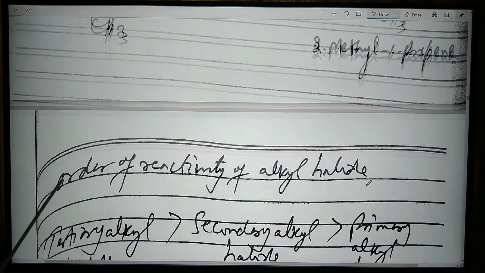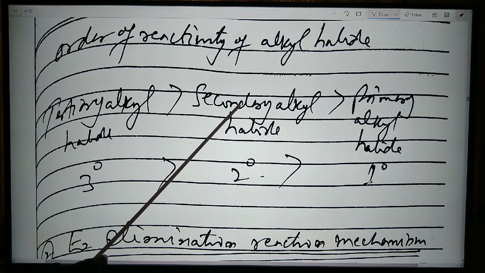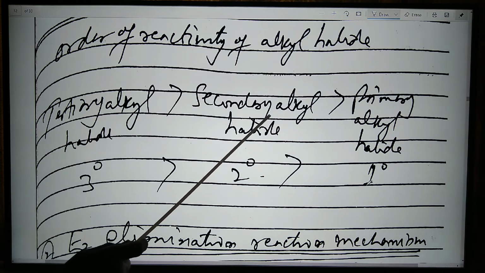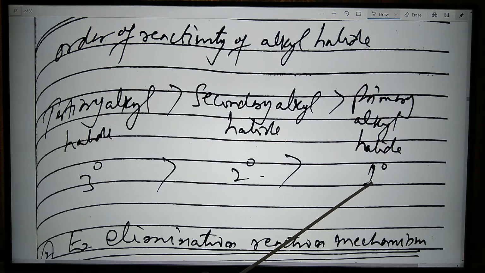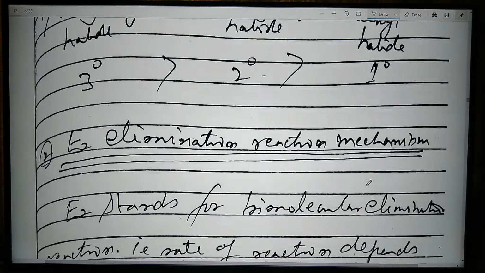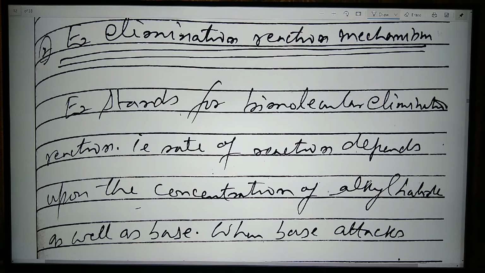Similarly, the order of reactivity of alkyl halide is the same as the SN1 reaction, that is tertiary alkyl halide is greater than secondary, is greater than primary. Primary is represented by 1 degree, this is 2 degree, and this is 3 degree. Now the E2 elimination reaction. E2 stands for bimolecular elimination reaction.